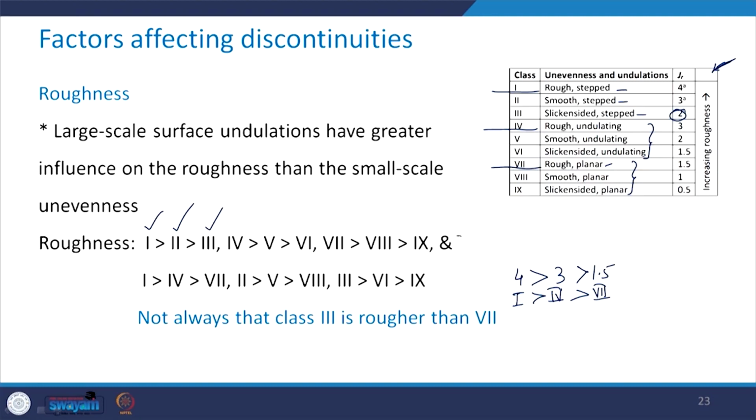Although we can be sure about the relative roughness of these, one thing to note is that class 3 will not always be rougher than class 7. What is class 3? This is slickensided stepped, and class 7 is rough planar.